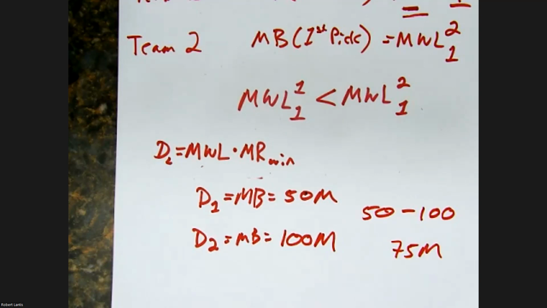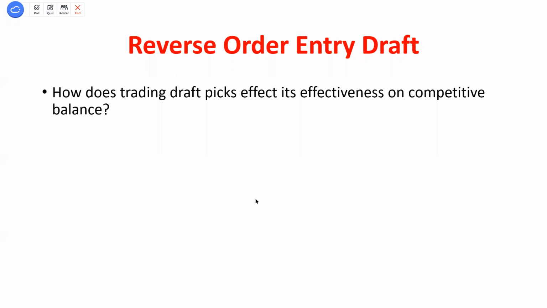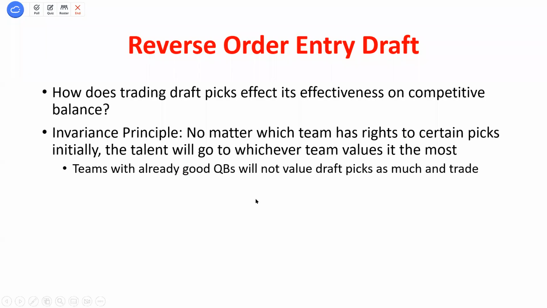Okay. So one way in which this might not break down is this invariance principle, right? And I use the quarterbacks as the example because that's probably the most relevant example, but it would take place for other teams as well. Like if I'm a team, once again in the NBA, and I'm pretty happy, but I had a couple injuries in the last year, so I somehow ended up with the top draft pick based off the lottery system.